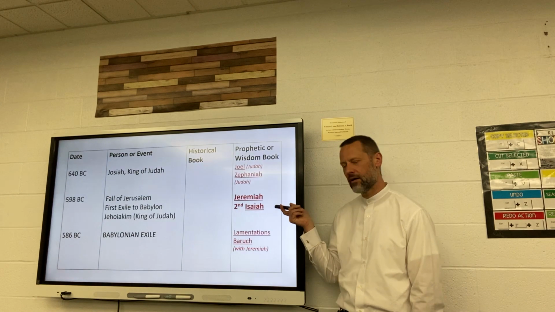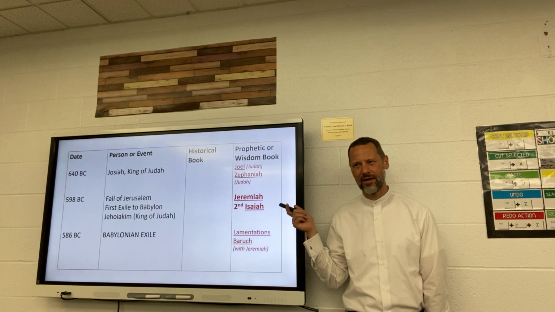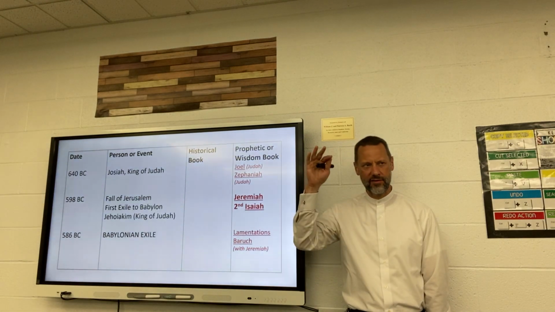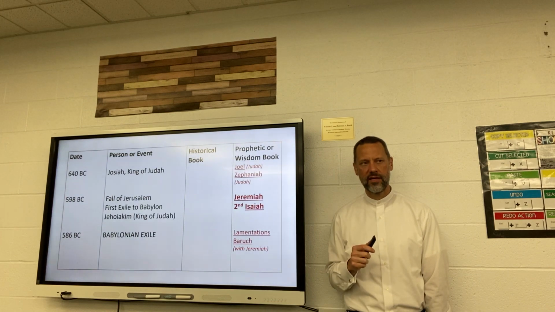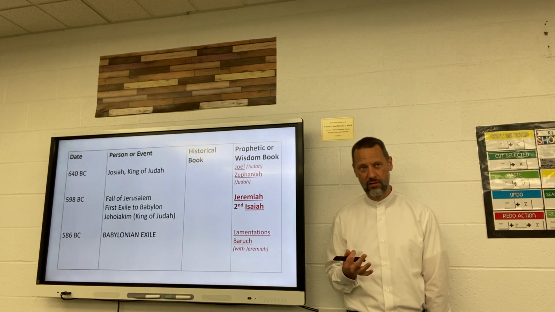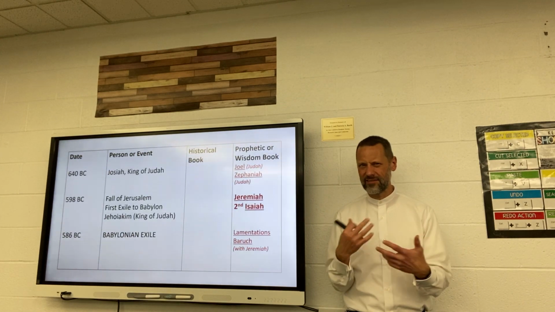Then we have also what we call second Isaiah. This is a little complicated, but the book of Isaiah, the first Isaiah that we met, is contained really in Isaiah's chapters 1 through 40. But then once you turn to Isaiah 41, and then you go from there to, I think, Isaiah 55, you can tell the context has changed.